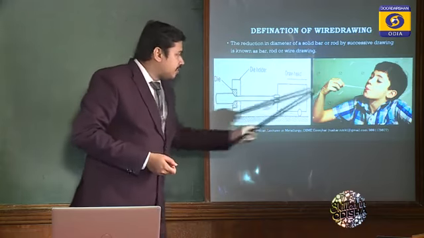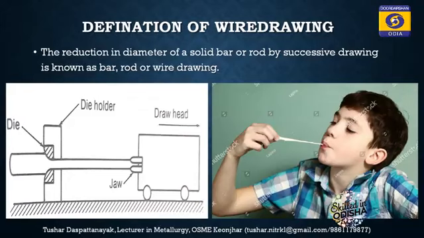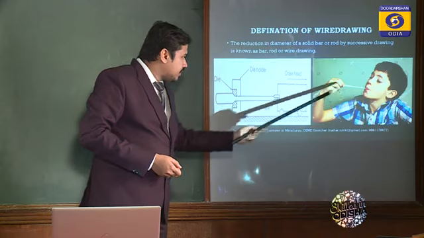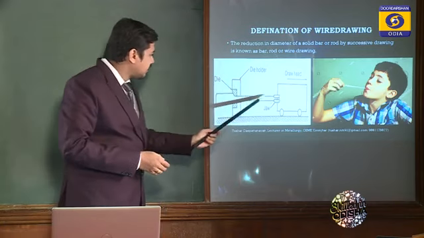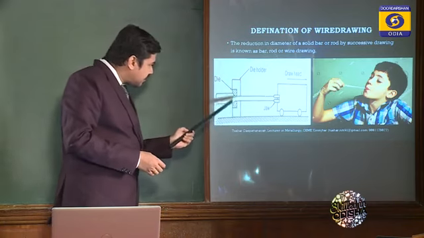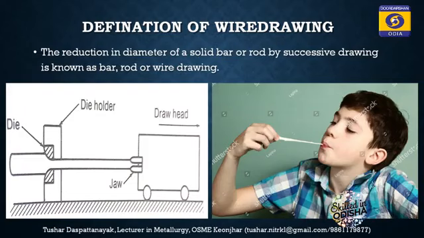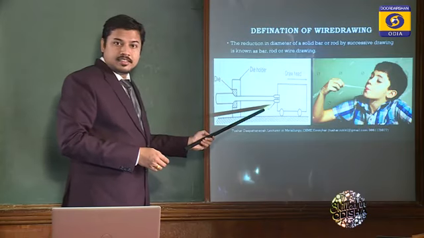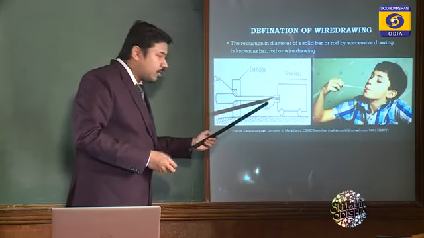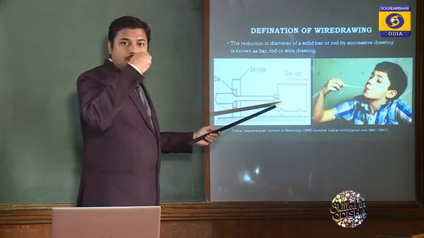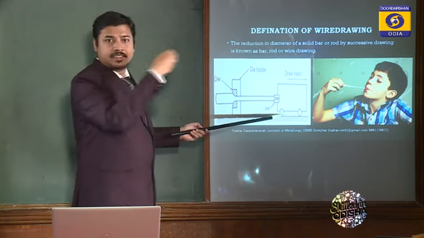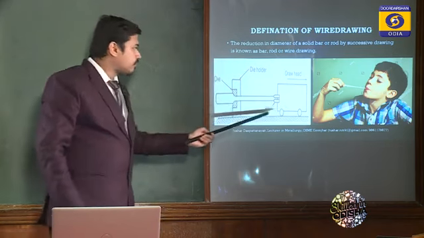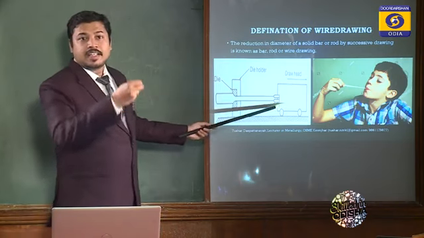You relate this picture with the mechanism of it. Suppose this is the solid rod. Suppose this die is the mouth. This is the hand, or jaw. The fingertip is the jaw, by which I'm pulling it, drawing it away from the mouth, or drawing it away from the die.